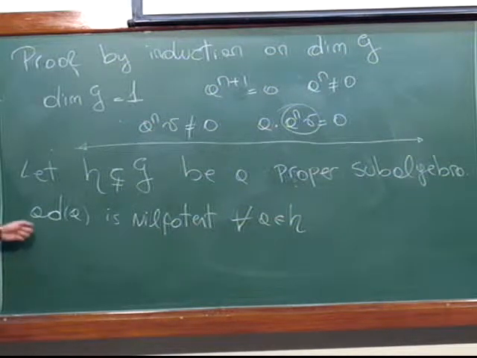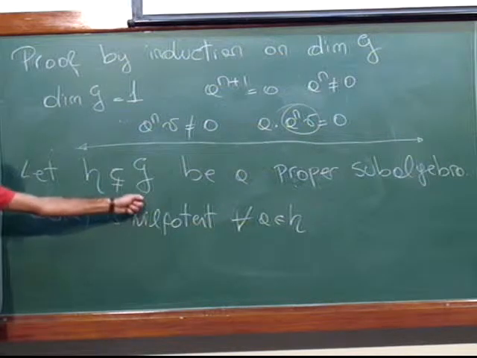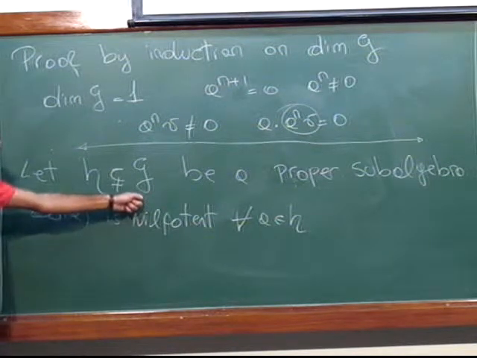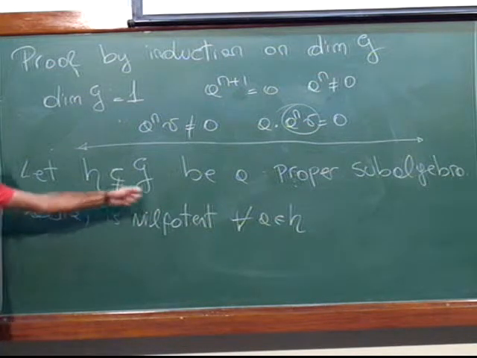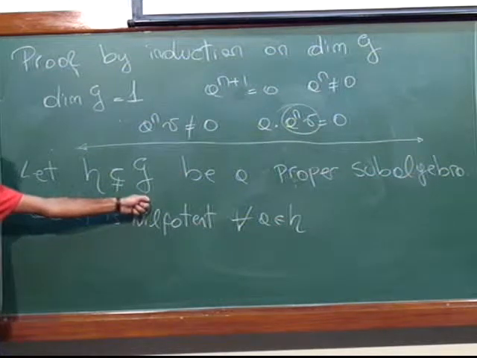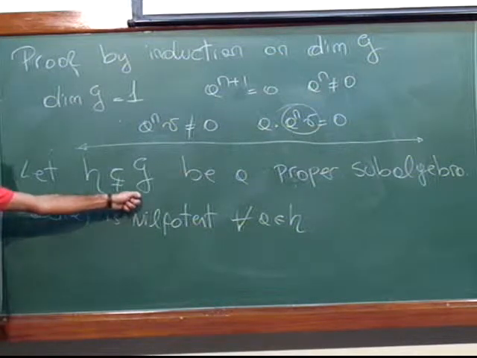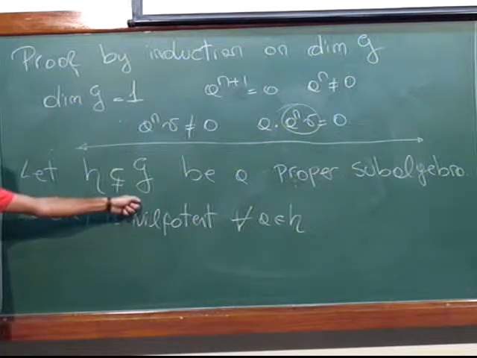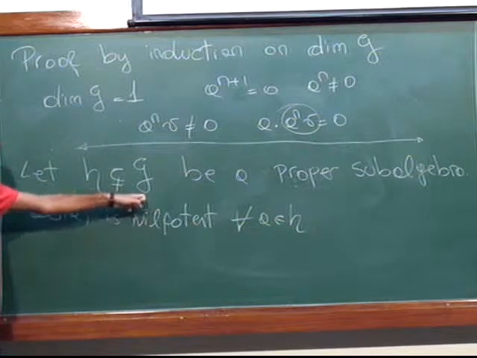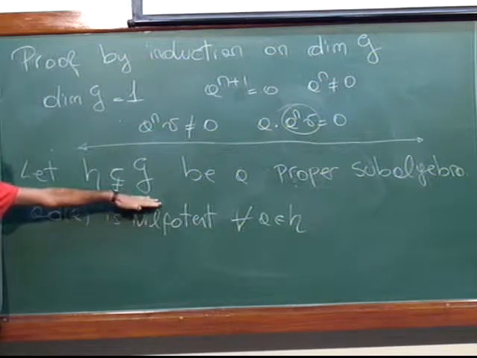But the adjoint action of H, since G is an algebra, G is stable by this adjoint action. So H acts by nilpotent operators on G by the adjoint action. But H is a subalgebra of G. Therefore, H acts on itself. And H is a subspace that is stable by the adjoint action on G.